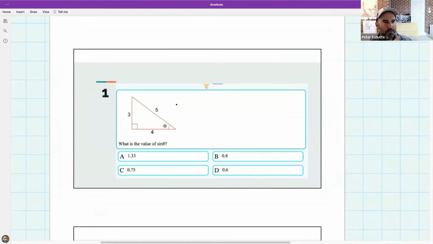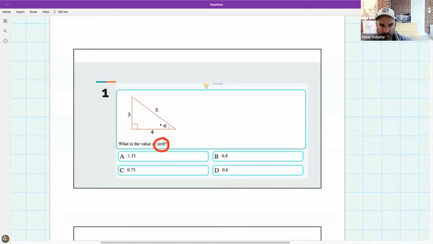Because what I said before, it kind of makes sense if you think about it, but you'll get it if I use it again and again. Okay, so if I want to know what the sine of theta is, this is just a ratio of two sides in a right angle triangle. I have a right angle triangle.